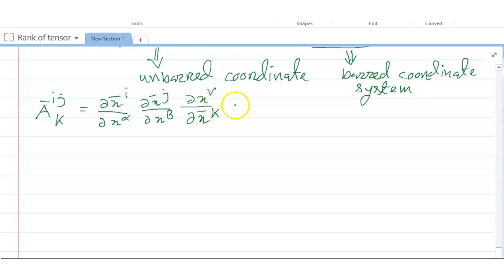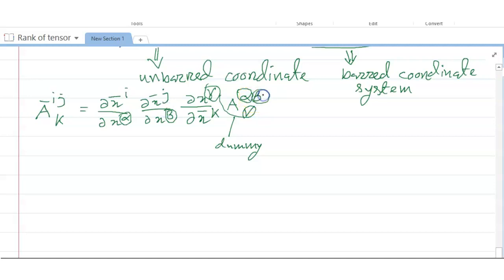Very easy, friends. I think that we do not need to see any books when we discuss tensors, because tensor is a very easy chapter, but you need to learn the order, and this is very important. Alpha, beta, gamma are easy because they are dummy indices, alpha is dummy, and beta is also dummy, friends.